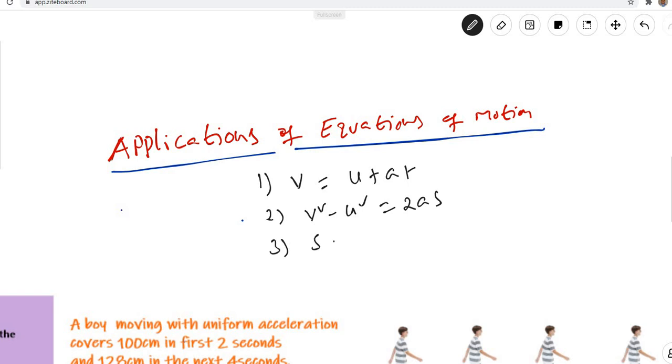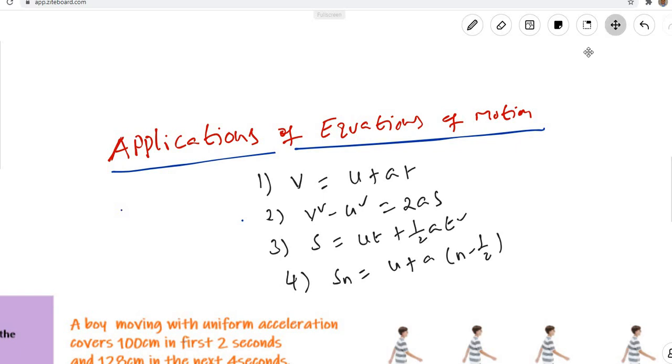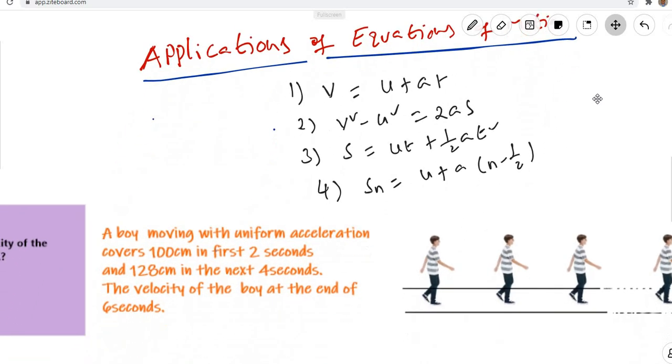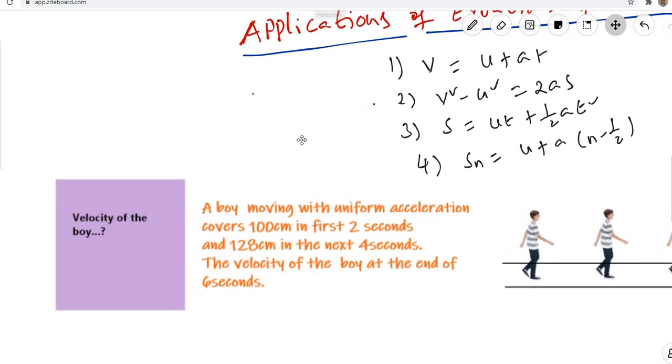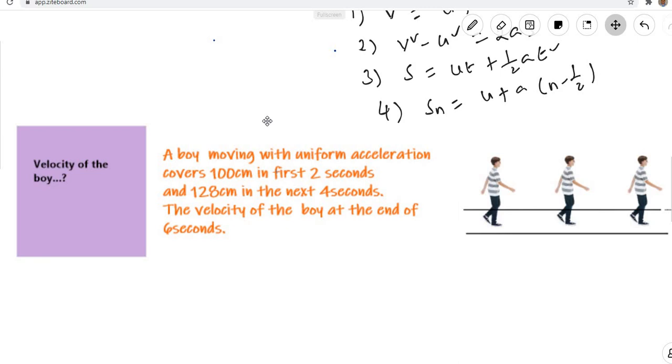The third one, s = ut + ½at². And the fourth one, s_n = u + a(n − ½). So I think you're all aware of these four equations, and today I'm going to tell you some applications of these equations. Let us see the first one.